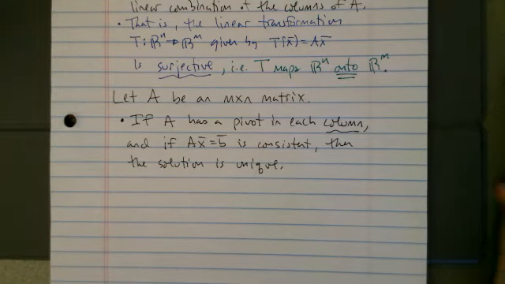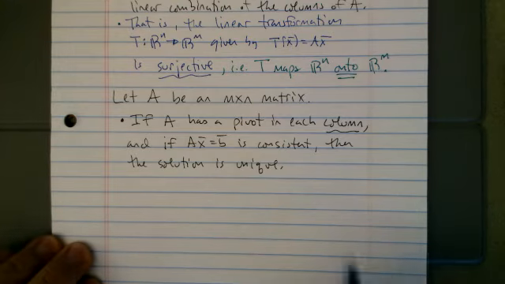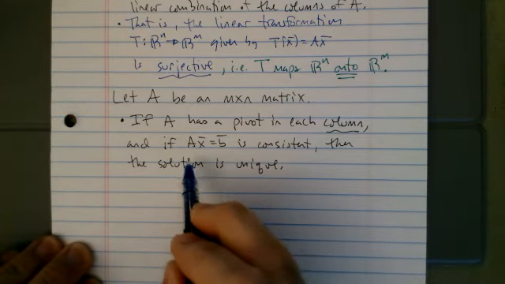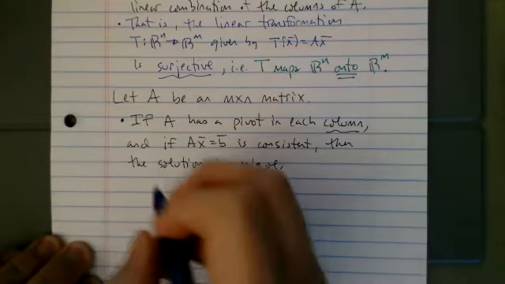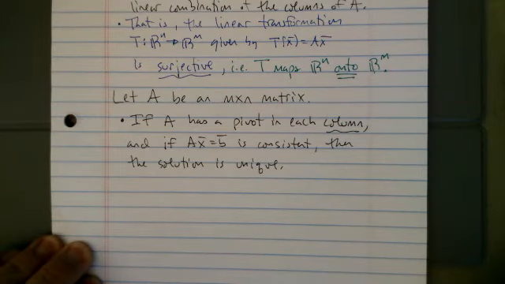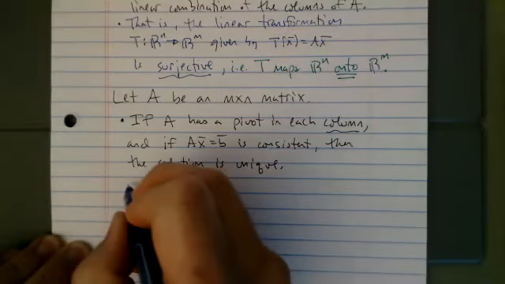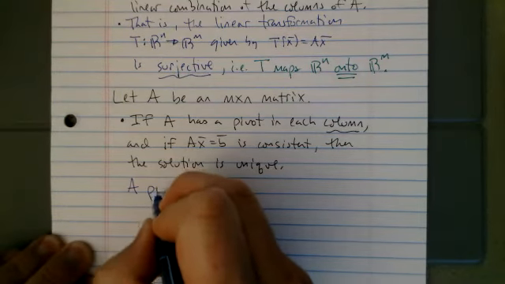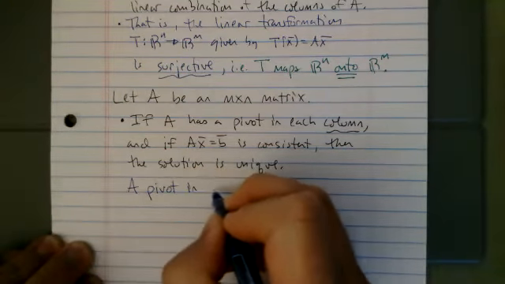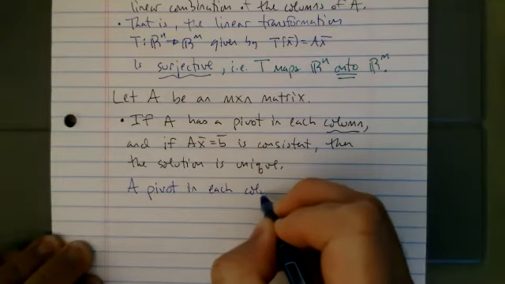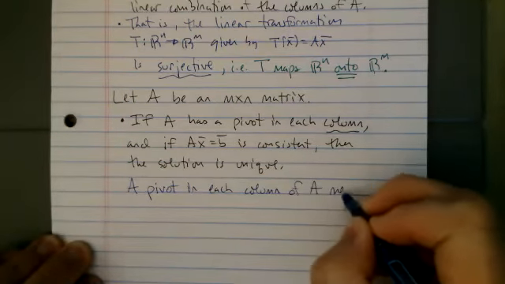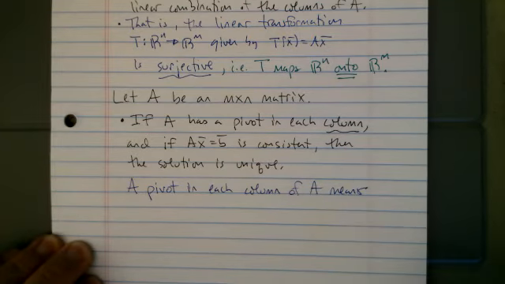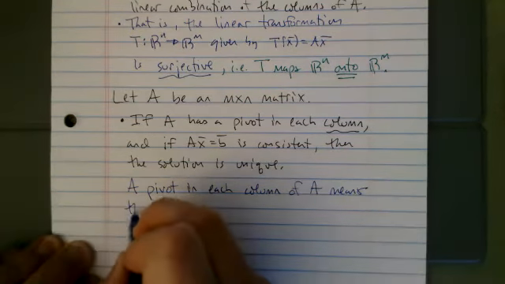So this makes sense because if we imagine the augmented matrix for the equation Ax equals b, if there's a pivot in each column of A, there are no free variables.